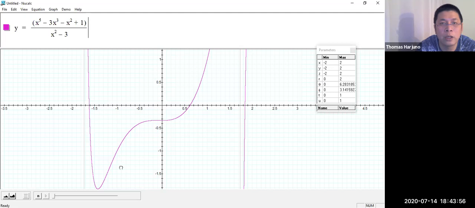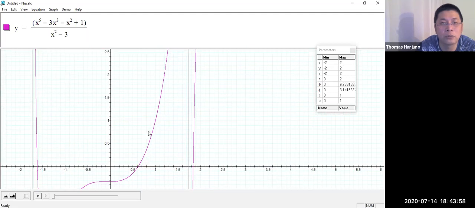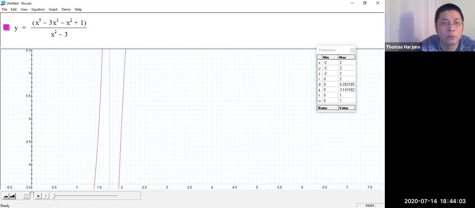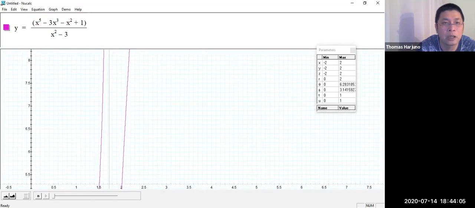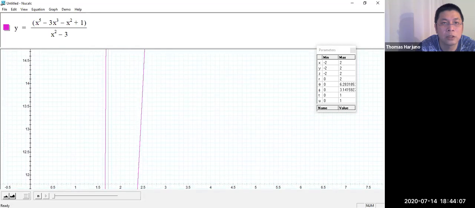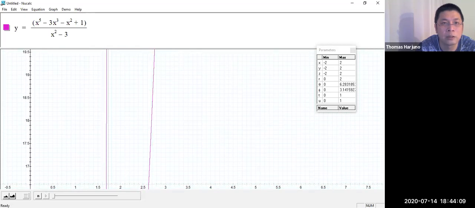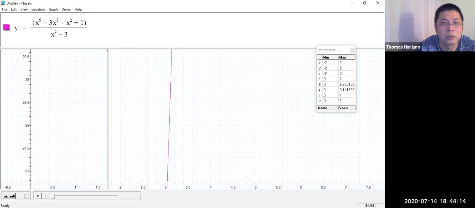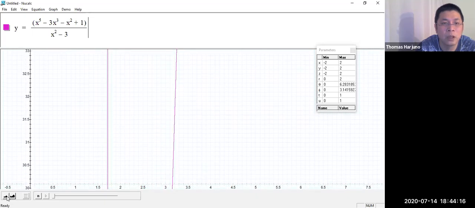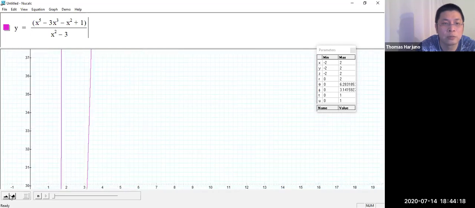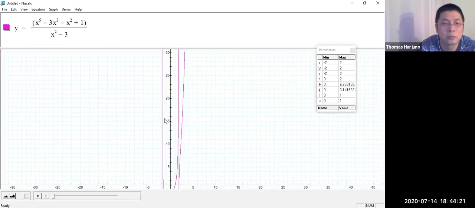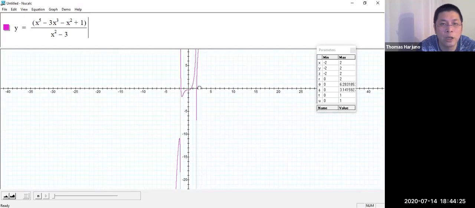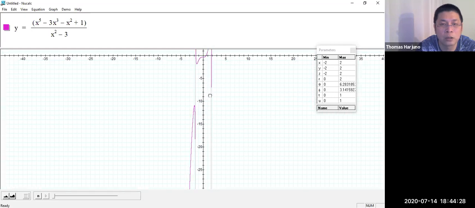So when we go further to the right hand side, you see the curve on the right hand side. And let me zoom in. And when we go to the left, it will get like that.